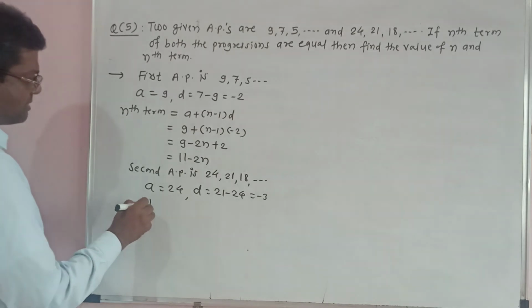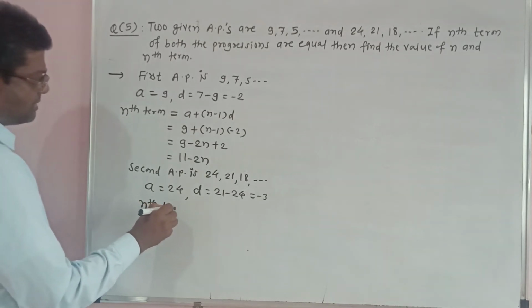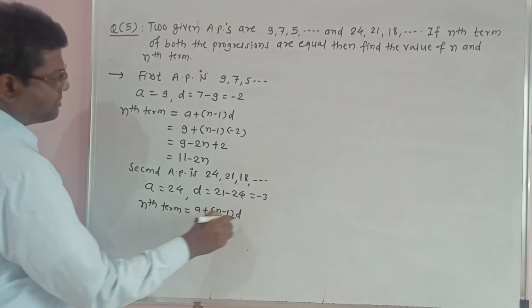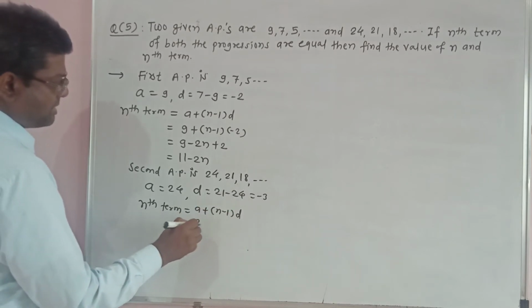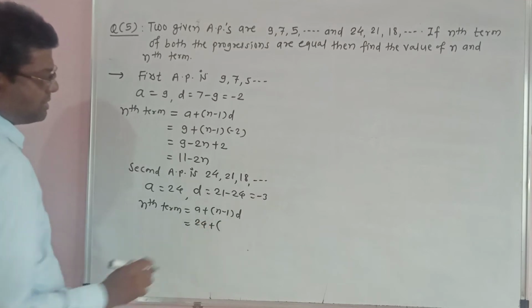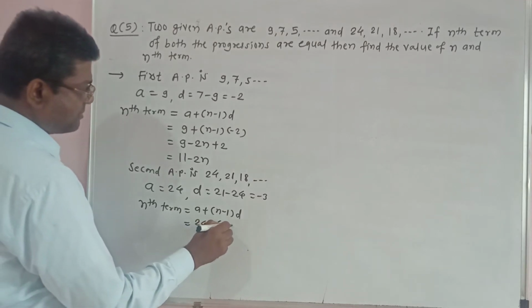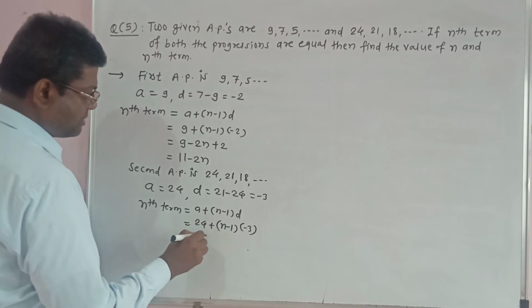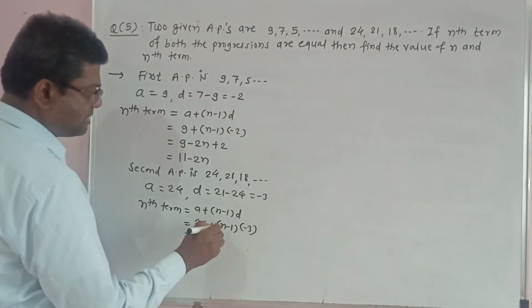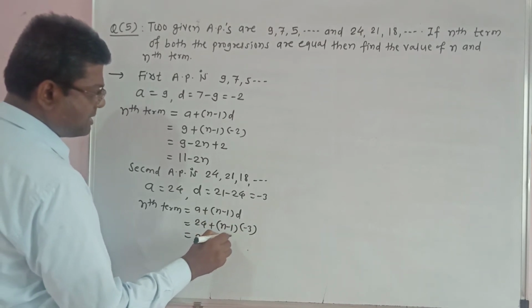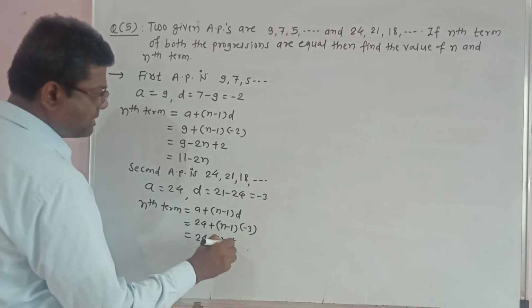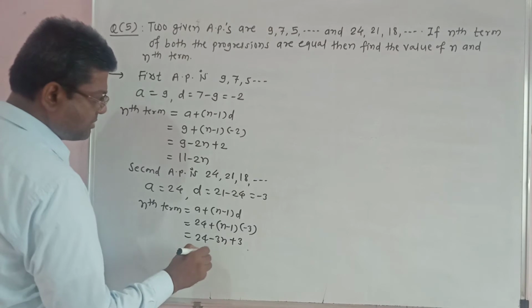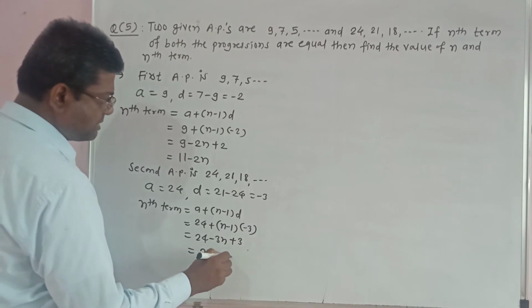And the nth term of this AP, the nth term is equal to a plus n minus 1 into d, that is a is 24 plus n minus 1 into d is minus 3, is equal to 24 minus 3 into n, minus 3n, minus 3 into minus 1 plus 3. Now 24 plus 3 is 27 minus 3n.